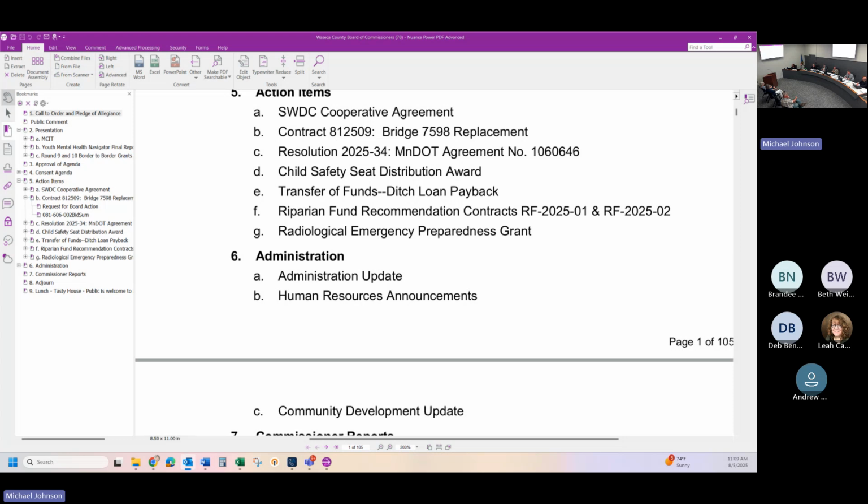Commissioner Morgan? Tuesday the 15th, work session, 9:30 board. Wednesday the 23rd was the scanner install.